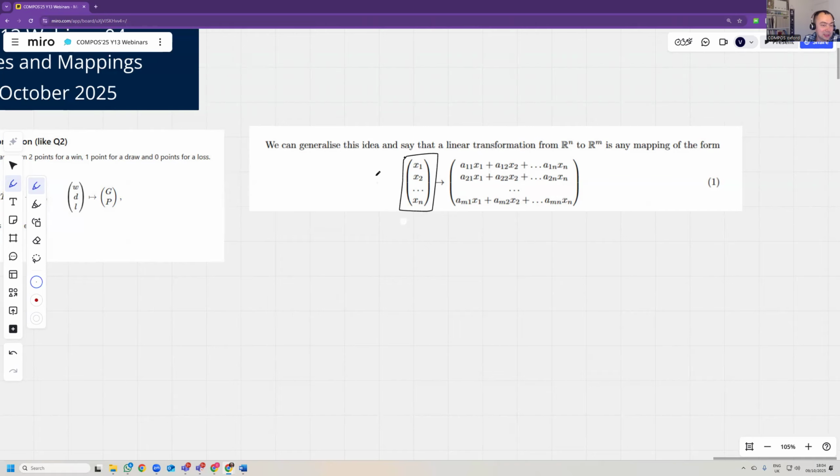One of the properties of a linear transformation is that the zero vector, 0, 0, 0, etc., will always be transformed into the vector 0, 0, 0, etc. So the zero vector is always its own image.